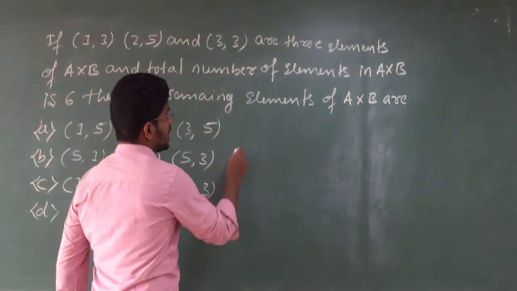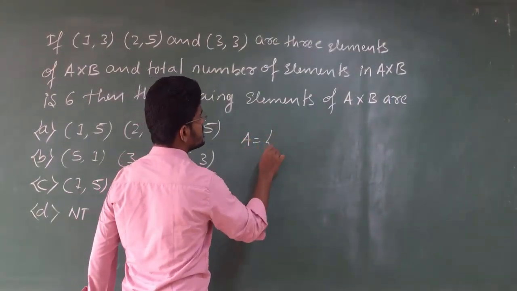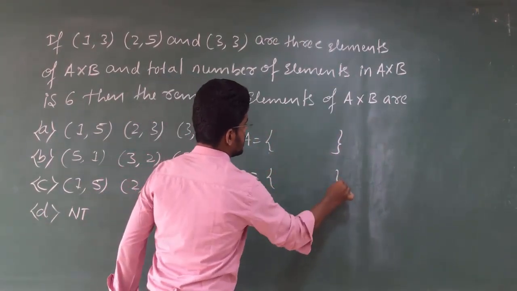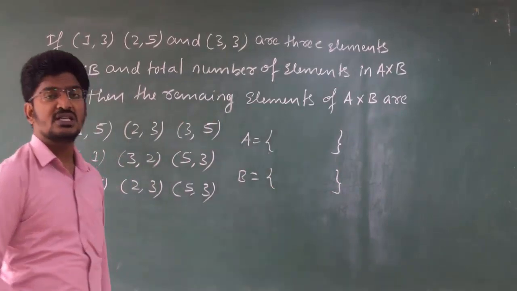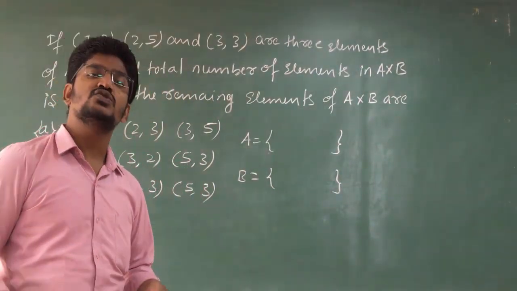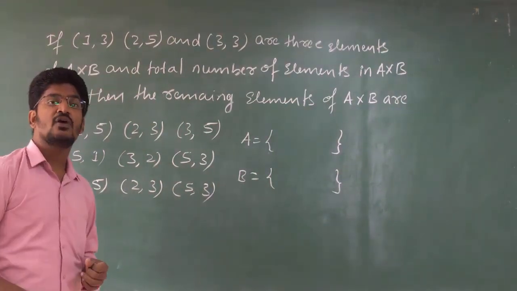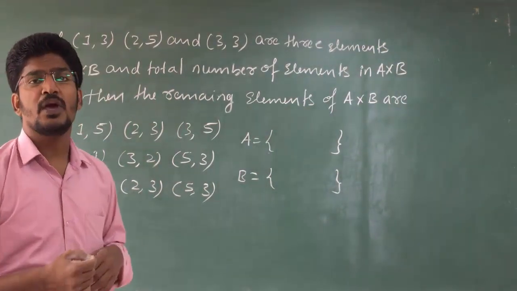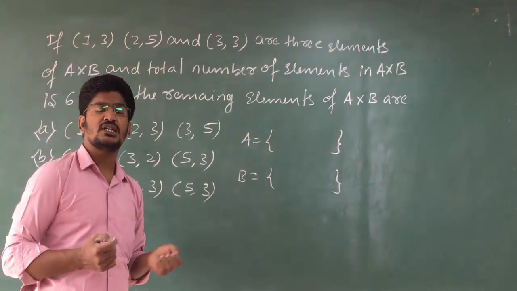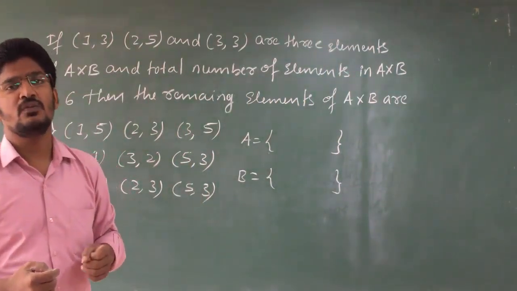For this, first we shall find what is set A and what is set B. If you understand set A and set B, then it will be very easy to find the remaining elements, because to create an ordered pair, the cross product is very important. For a cross product, two non-empty sets are very important.